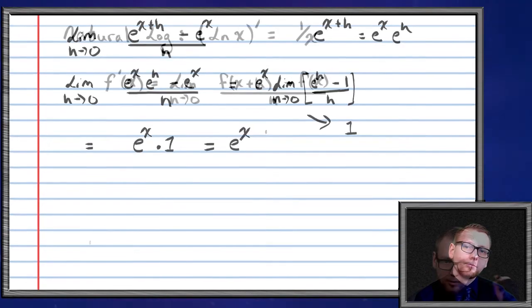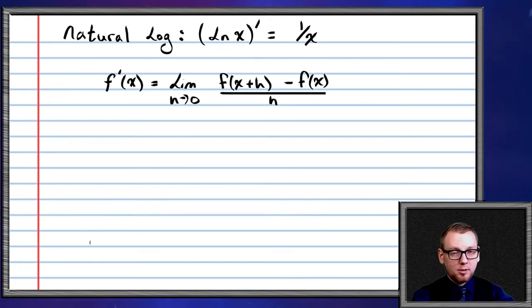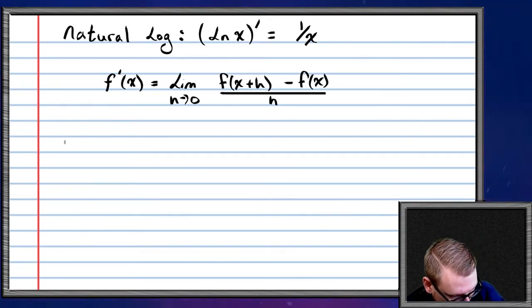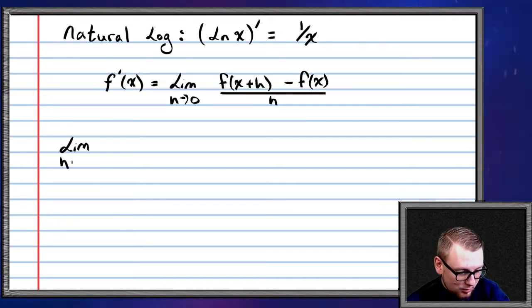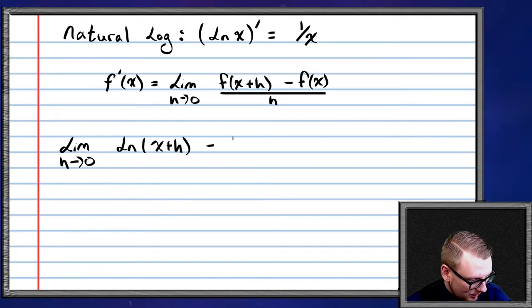Okay, now, for this one, natural log. Let's do it. Okay, we're going to have the limit as h approaches 0 of the natural log of x plus h minus the natural log of x, all over h.